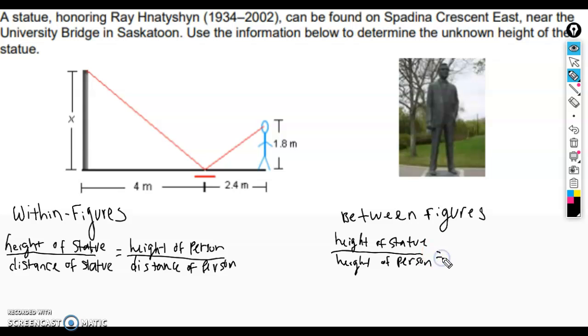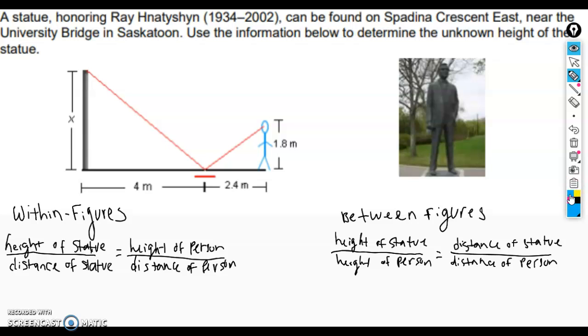And that's going to equal the distance of statue. We'll keep the statue values on top over the distance of the person. So like I said, either of these ratios will work. It doesn't matter which one you pick.